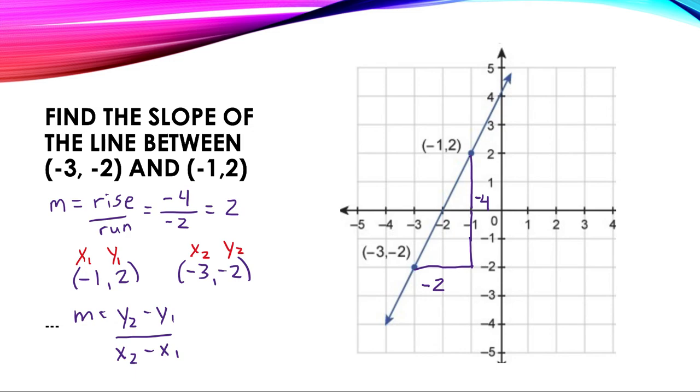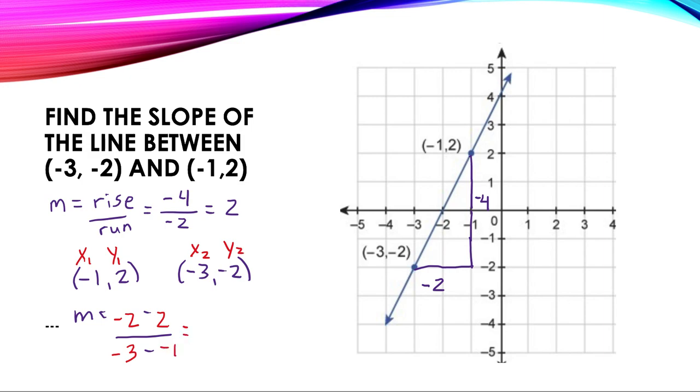And then we'll look at plugging in. In place of the y2, I'm going to put a negative 2. In place of the y1, I'm going to put a positive 2. In place of the x2, I'm going to put a negative 3. And in place of the x1, I'm going to put a negative 1.